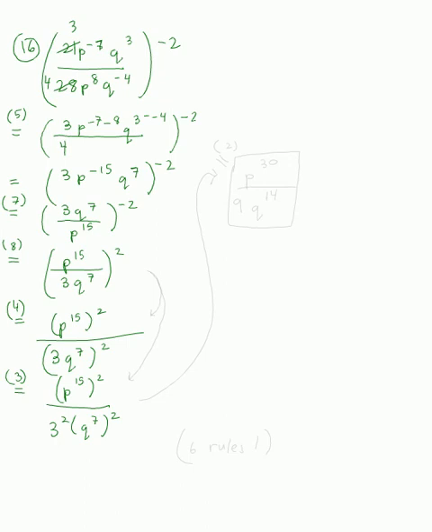Let's go ahead and simplify. We end up with p to the 30th on top. On the bottom I have 9, and then q to the 14th. Where did I get that from? Well, I multiplied the powers together because that's the basic power rule, isn't it? That's rule number 2. So that's my answer.